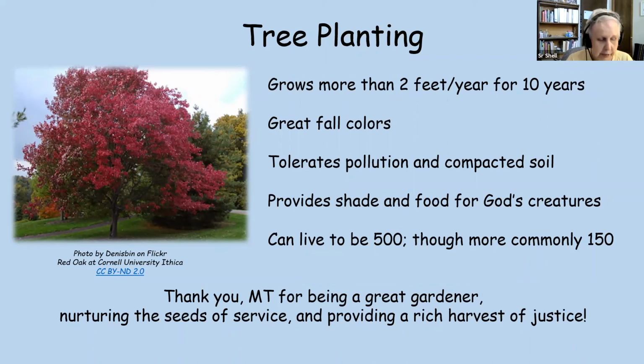It can live to be 500 years old, but more commonly 150. So you know what? We only have 100 more years to go to be with the likes of the red oak. All of these traits mirror the mighty MT, as we like to call her, and how the Common Venture program has endured through all kinds of weather.